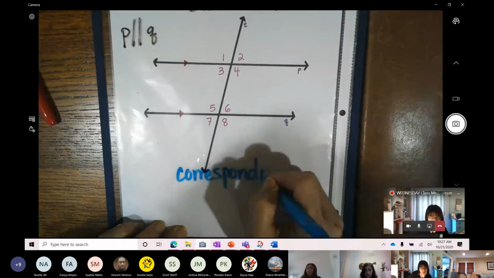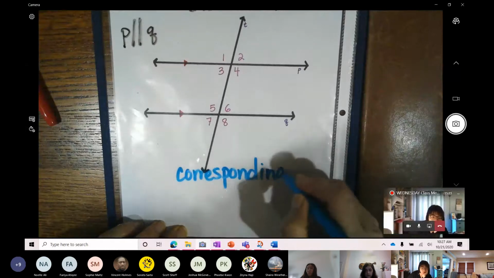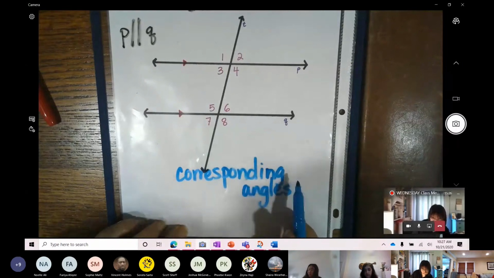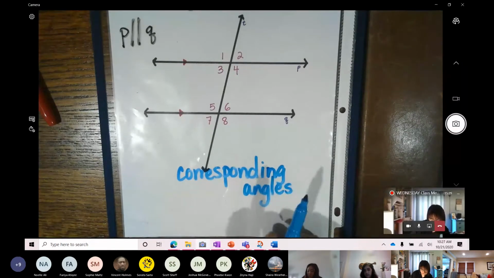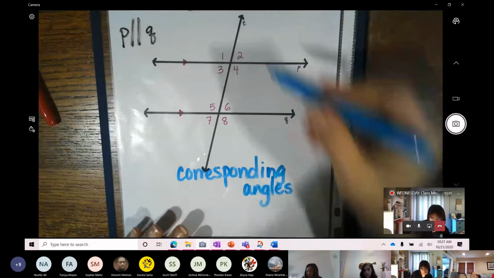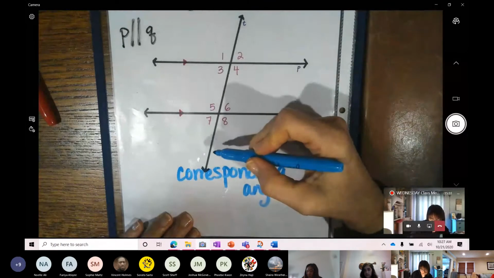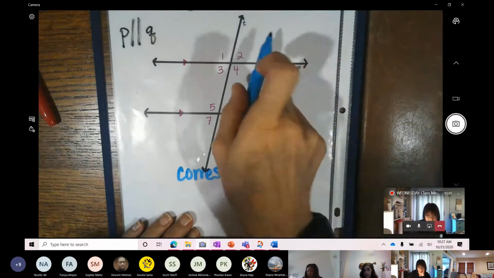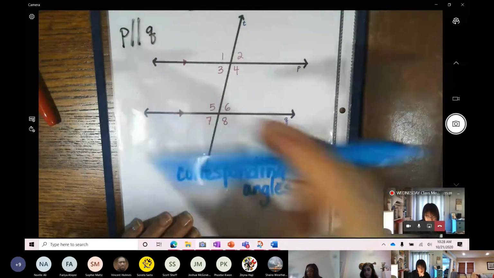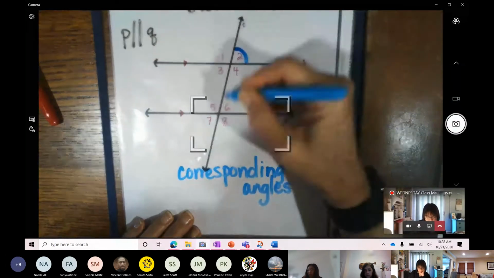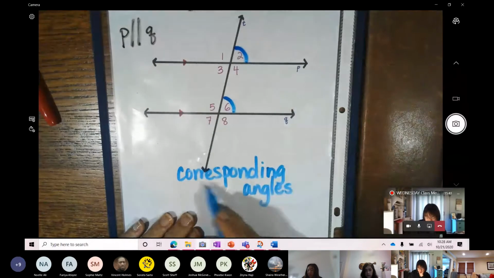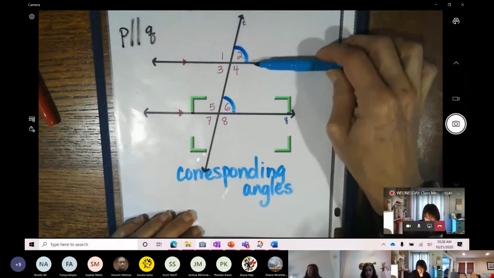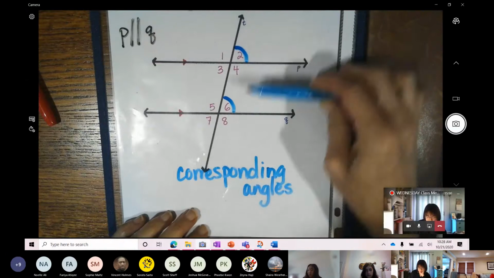Corresponding angles. The word corresponding basically means in the same place. So when it means the same place, I've got my transversal. I'm either both on the right side or both on the left side. And 2 and 6 are corresponding because they're both above the parallel lines.